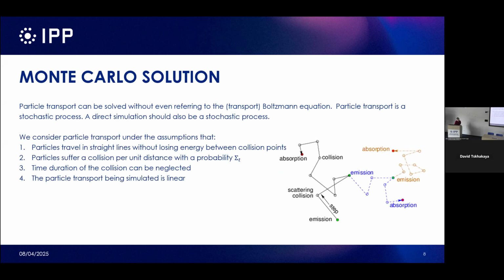So that's nice, but I think it can be much more intuitive to think of it from a physics point of view, because this particle transport is microscopically made up from transport of many different particles. So the particle transport is a stochastic process, and a direct simulation of the transport can or should also be a stochastic process.